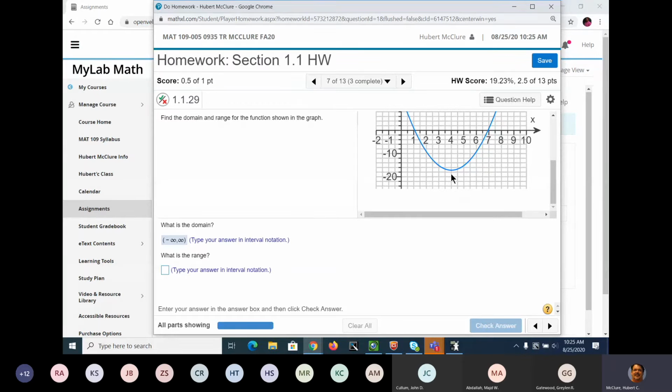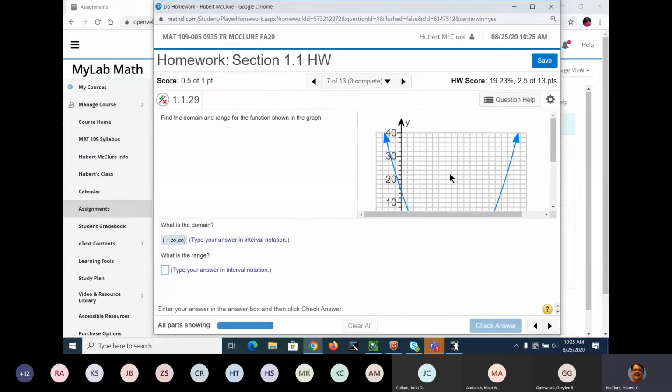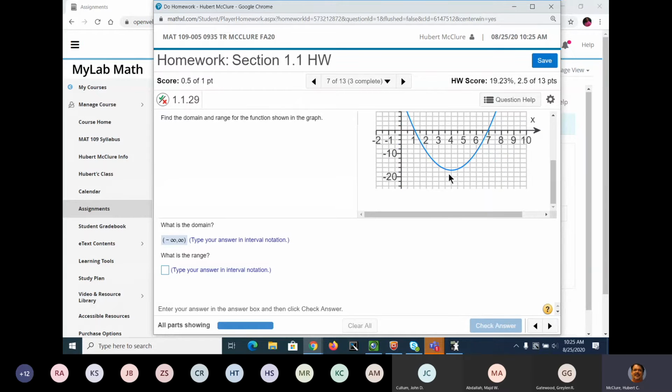I don't think they would ask you to interpret between -18 and -17. 2, 4, 6. Yeah, it looks like numbers like -17.